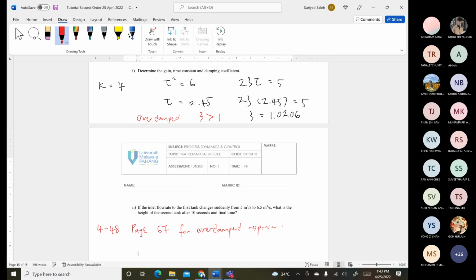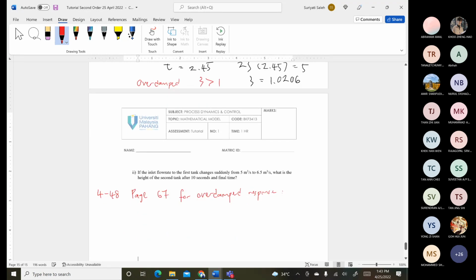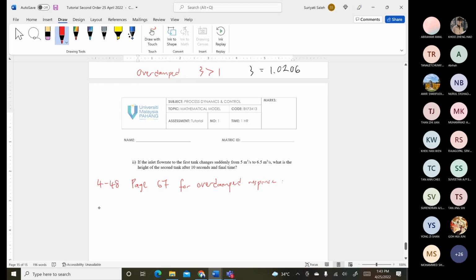In this case, the overdamped response, you have y(t) equal to Km times the bracket: 1 minus tau 1 exponent negative t over tau 1, minus tau 2 exponent negative t over tau 2, divided by tau 1 minus tau 2.